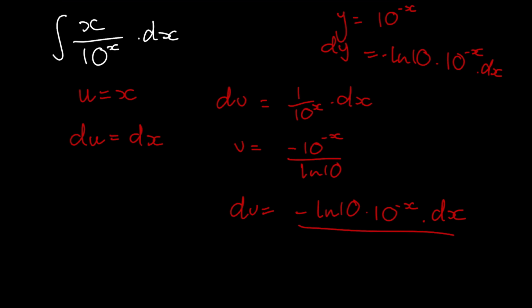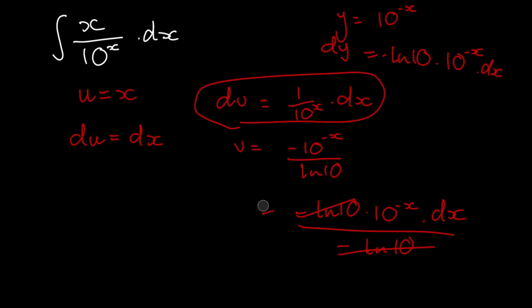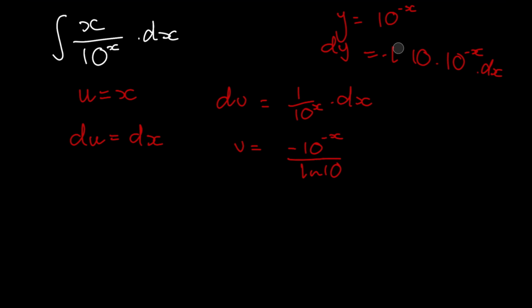But now we also keep our constant there, which is negative 1 over ln of 10 here. And those two cancel, and what we're left with is dv equals 10 to the negative x dx. So we see that our integration worked. Okay.